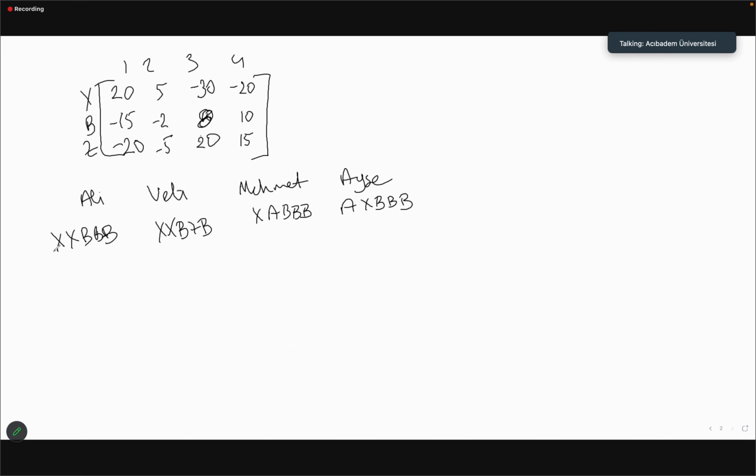So you're going to find all the former sequences. XXBB has a score of 25 plus 18, 43. XBBB has a score of 38, 36. So most likely 43. This has a score of 43.